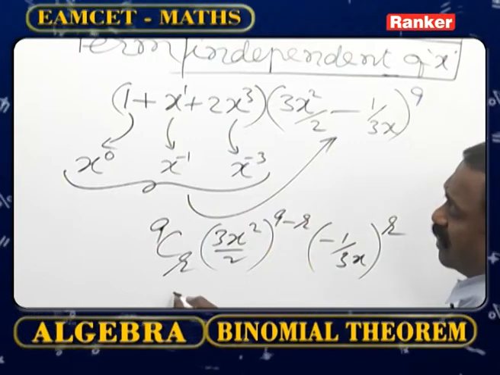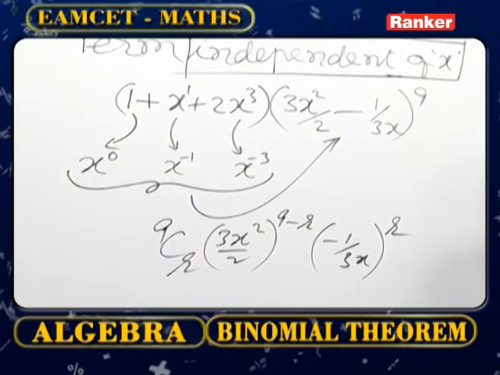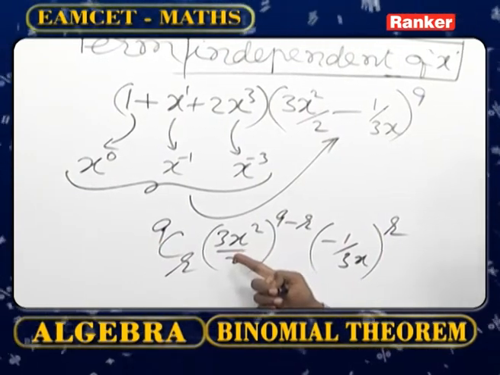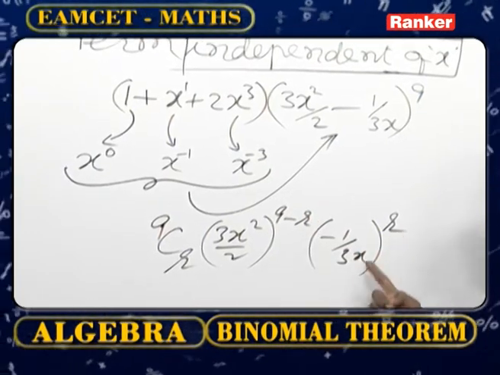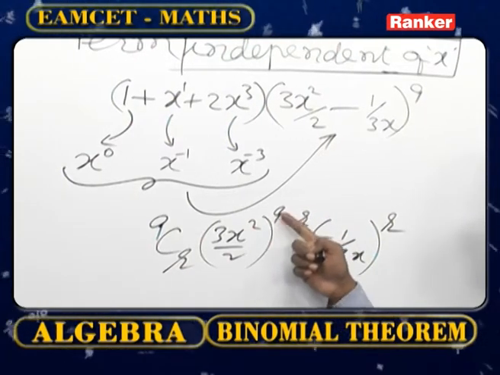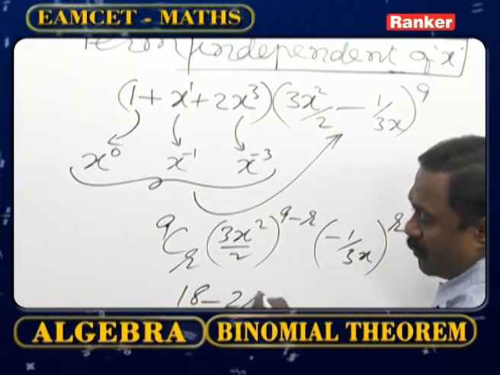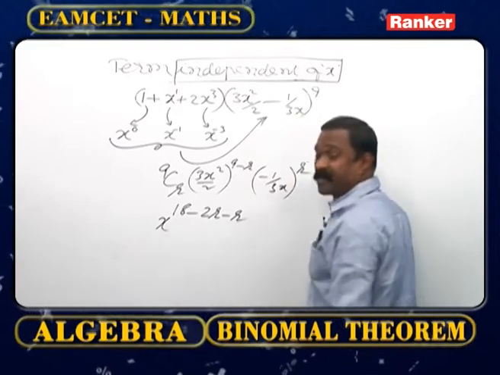Now I'll collect only the power of x. The power of x is 18 minus 2r, and the x power r in the denominator is brought to the numerator: 18 minus 2r minus r. It is the power of x.